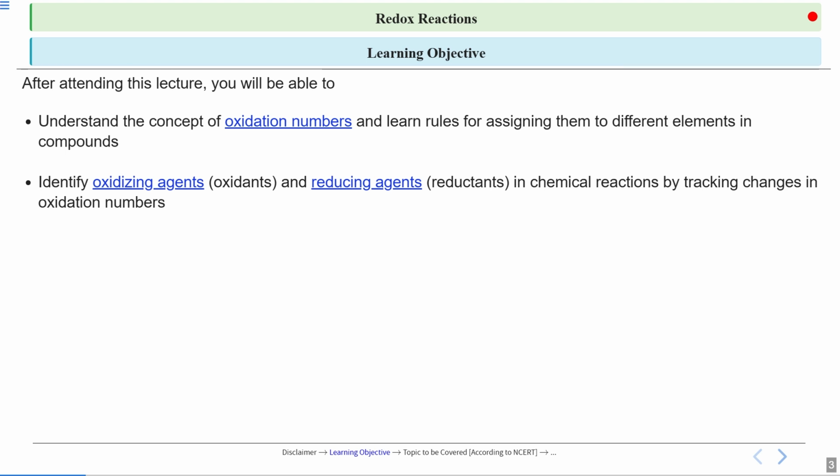We will identify them on the basis of the change in the oxidation number of the reacting species present in the reactant and in the product. The change in their oxidation number will directly influence their oxidizing and reducing nature.